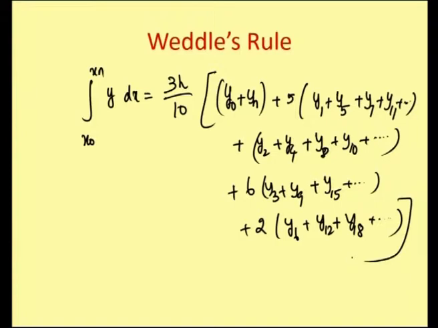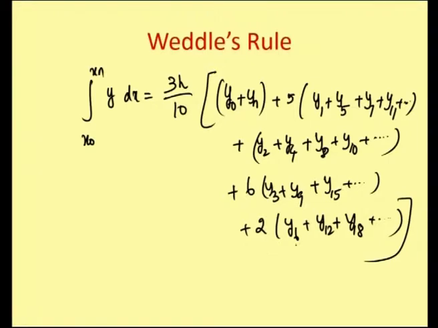The formula goes like y0 plus yn, the sum of the first and last ordinate. First of all, multiples of 6 are picked out, y6 plus y12 plus y18, and that is multiplied with 2. Then multiples of 3 are picked out, if 6 happens to be a multiple of 3 that is accounted there. Therefore, multiples of 3 except multiples of 6 are taken into account and multiplied with 6.